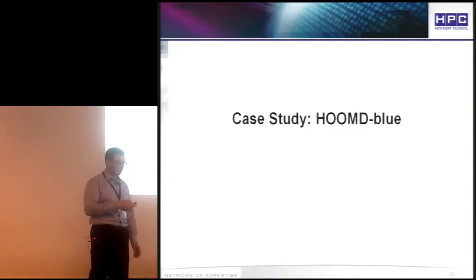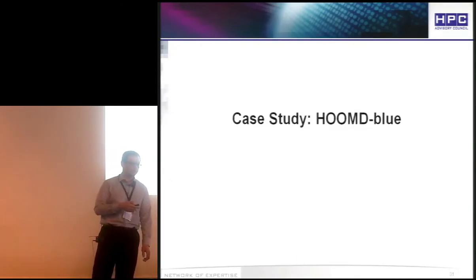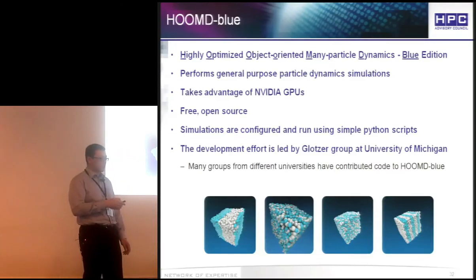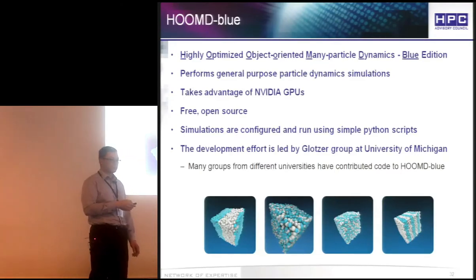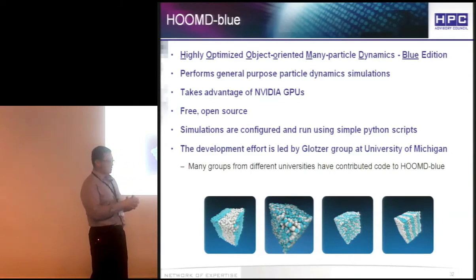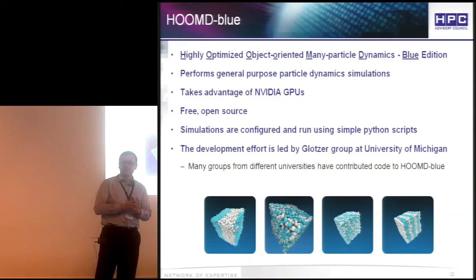So let me go ahead and talk about the other application, which is called HOOMD-blue. It stands for Highly Optimized Object-Oriented Many-Particle Dynamics, Blue Edition. It's a mouthful. It basically is MD simulation software that does molecular dynamics simulations.